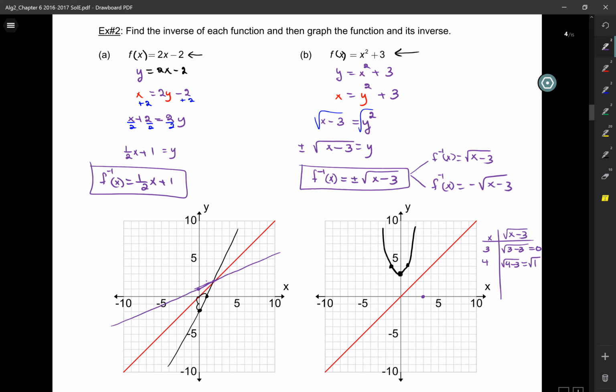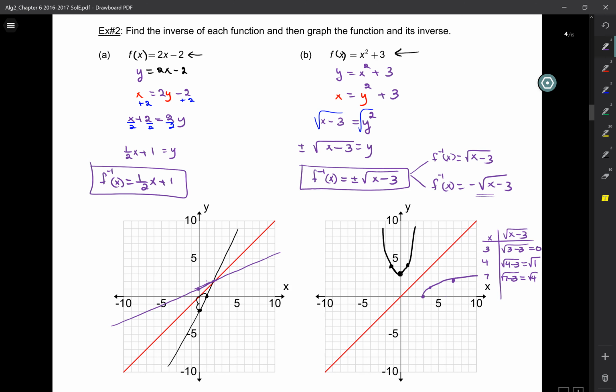Root 1, which is 1. And what else should we put in there? Let's put 7. 7 minus 3, that's what? Root 4, how much is that? 2. So when x is 7, this is 2. So look, it looks like this.